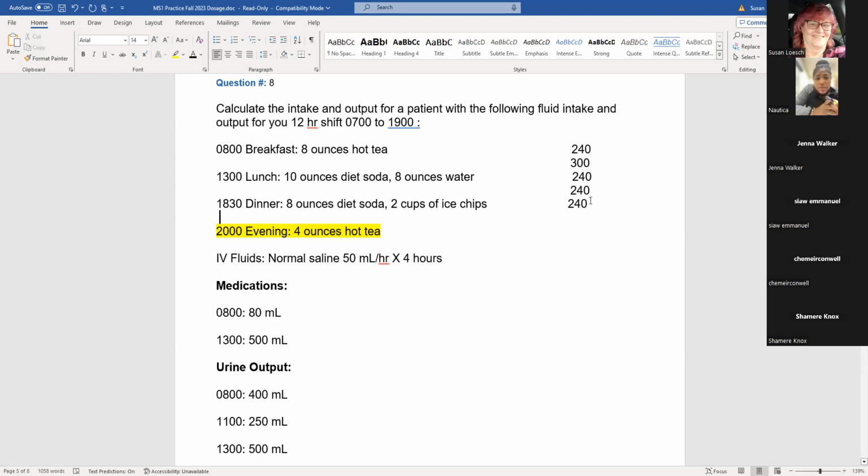Because the IV fluids was under a 2000, so I didn't even add that one in. It's not under the 2100. It doesn't give you a time. It's just saying that it's running at 50 mL an hour times 4 hours. Oh, okay. That's where I didn't add it in. So that would be 200 there. And then your medications would be 580. So let's add all that together. Okay, 2240.